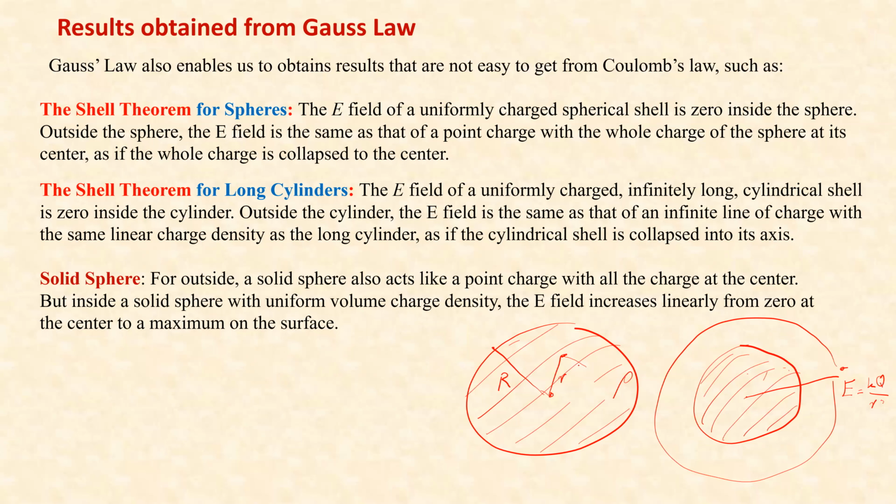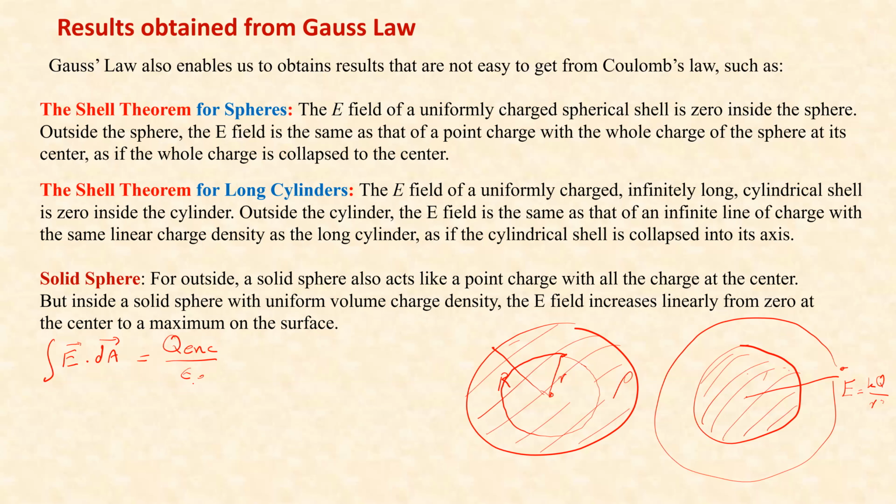In order to get that, you use a Gaussian surface that is concentric with the sphere and with radius r, a spherical Gaussian surface, and then do the integral of E dot dA for this Gaussian surface, which equals Q enclosed over epsilon naught.